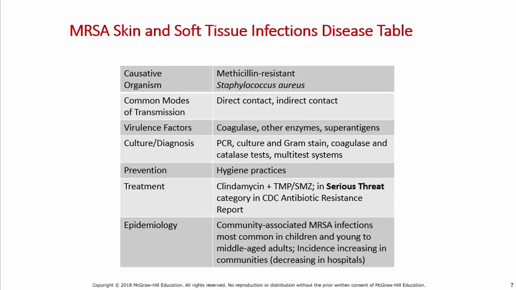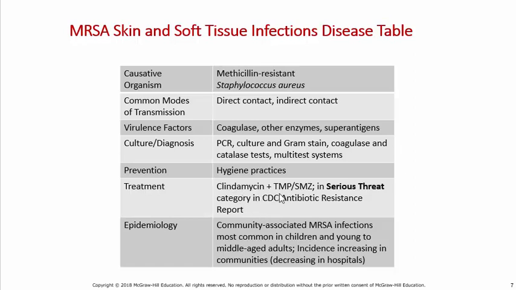So what they'll use for this particular type of infection now is clindamycin, and TMP is trimethoprim, and sulfamethoxazole is SMZ. So that's that SXT that we would use on the antibiotic sensitivity test.